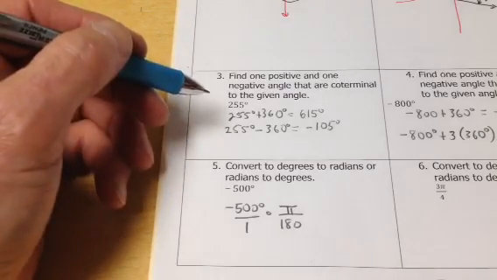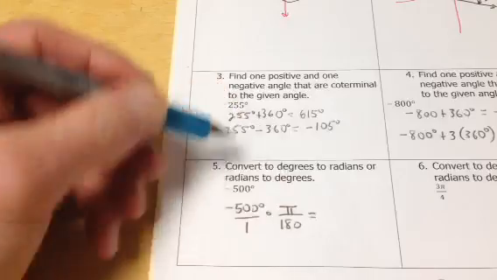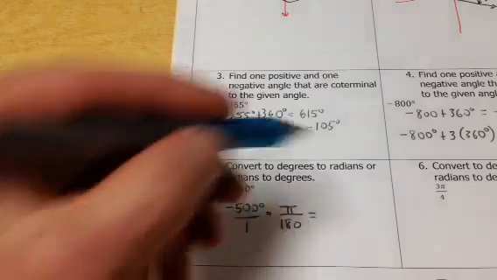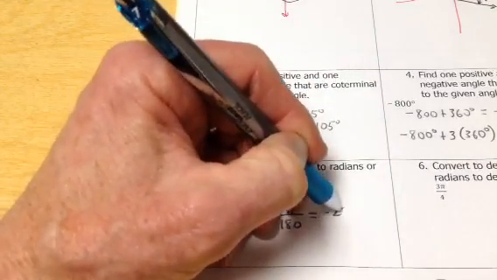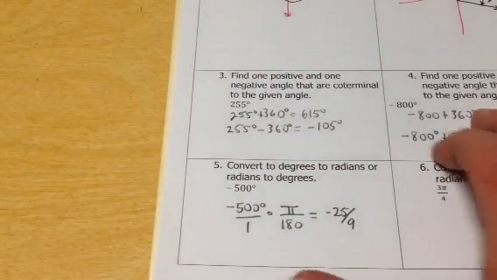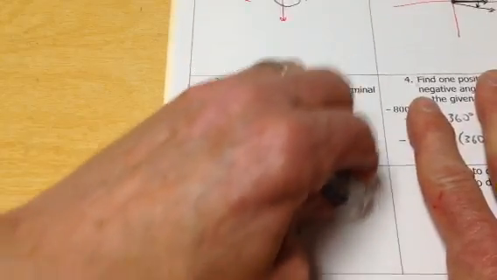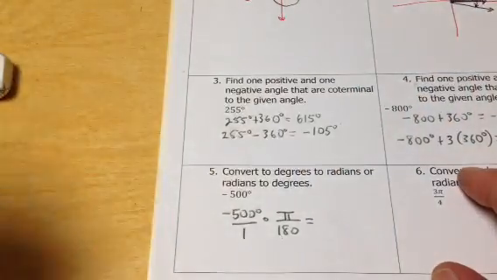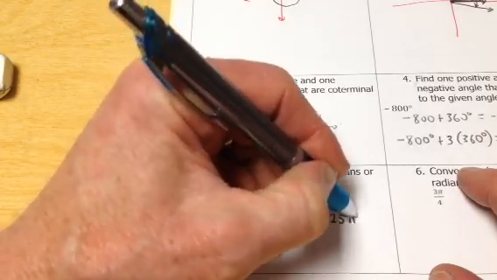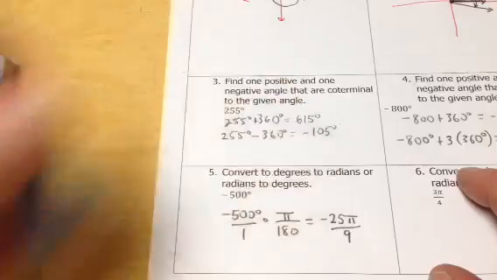Essentially what we're doing is simplifying the fraction negative 500 over 180, and that turns out to be negative 25 ninths. Well, actually, it is negative 25 ninths times pi, but the standard way to write it is negative 25 pi over 9.